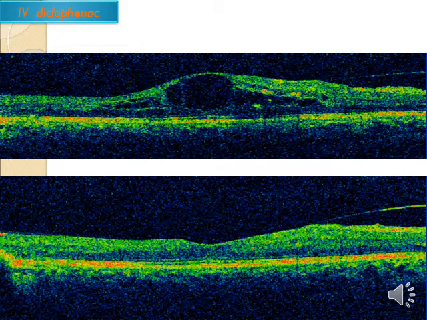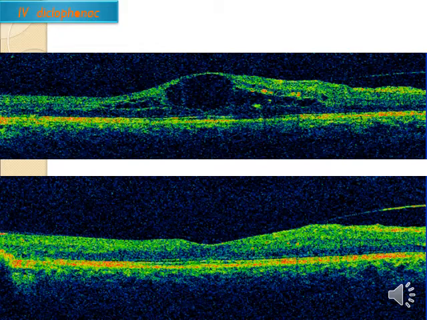If the diabetic macular edema is clinically significant but not involving the center, then laser treatment is recommended. Pan-retinal photocoagulation is indicated in cases of proliferative diabetic retinopathy.